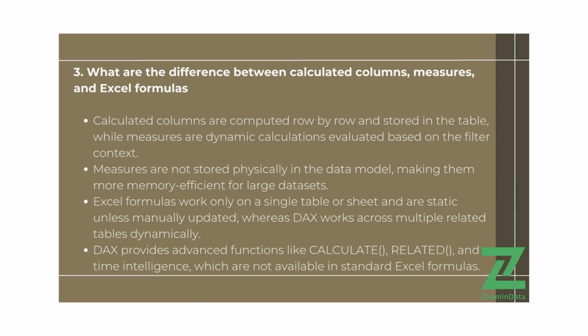Excel formulas work only on a single table or sheet and are static unless manually updated, whereas DAX works across multiple related tables dynamically. DAX provides advanced functions like CALCULATE, RELATED, and time intelligence, which are not available in standard Excel formulas.